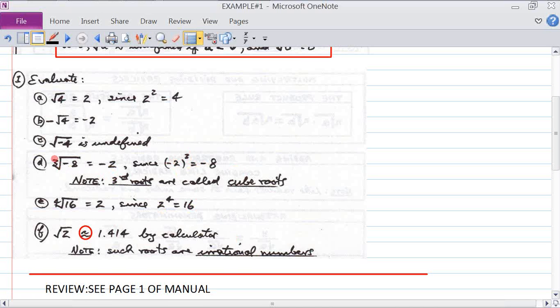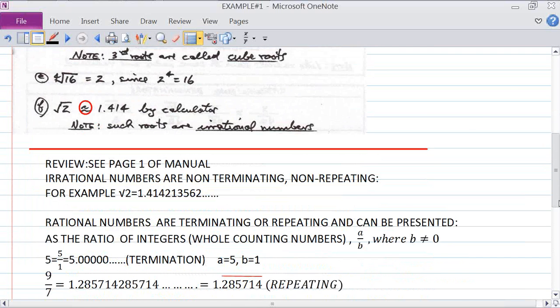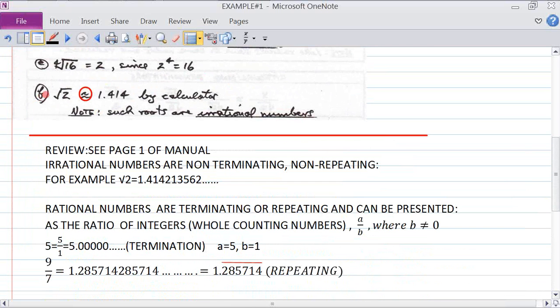When this number is 3, we call that the cube root. Here we're asked for the fourth root of 16. It's 2, which means that if we take 2 as a base and raise it to the power 4, we get 16.